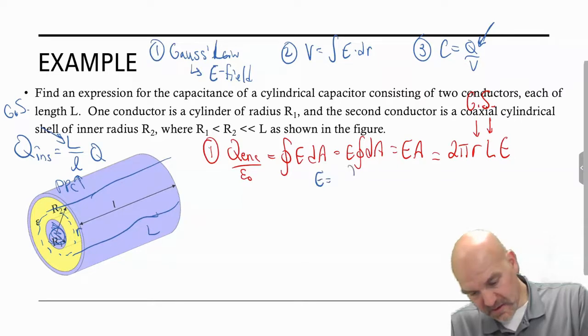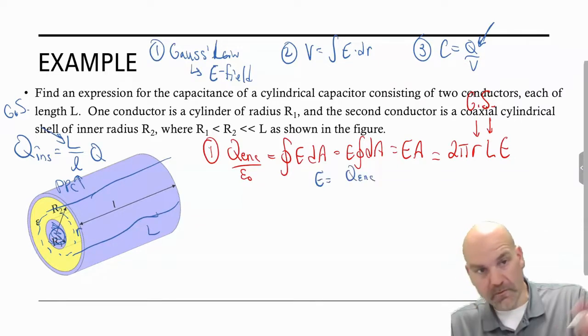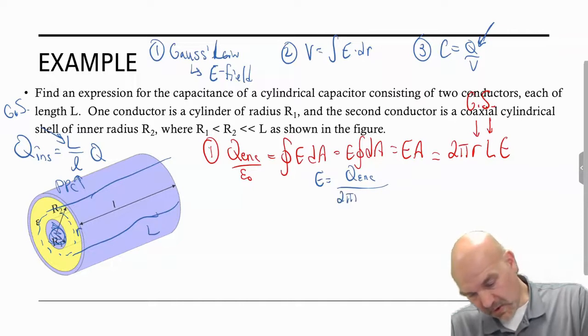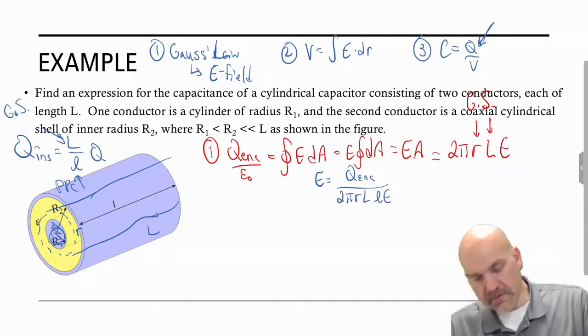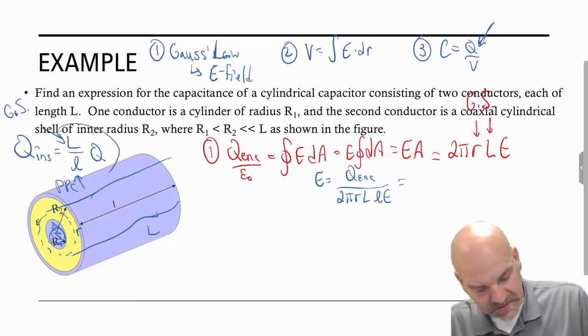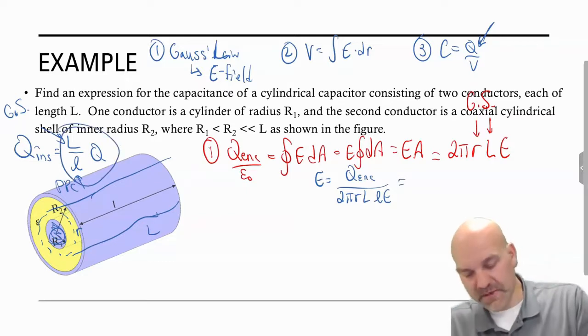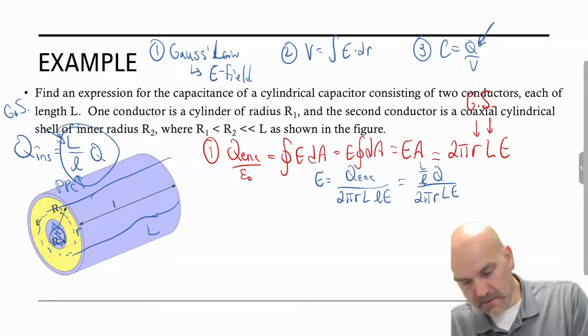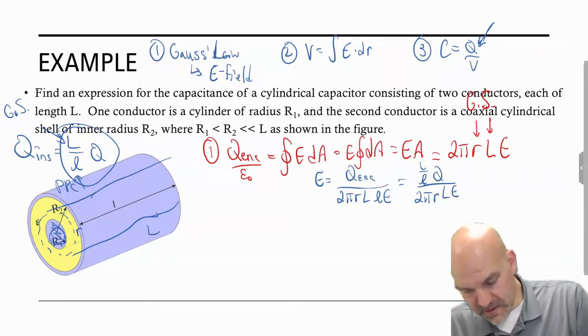So E is going to be Q enclosed, or what we call Q inside, divided by 2 pi r capital L little l E. But now Q enclosed is this ratio of L over little l times Q. So I would say L over little l, Q over this 2 pi r L E. Well, I can do some algebra here.